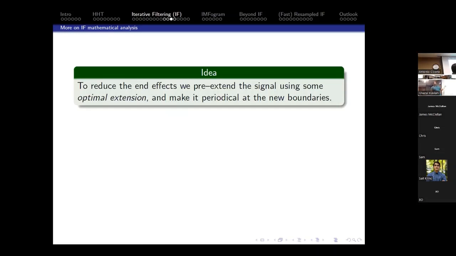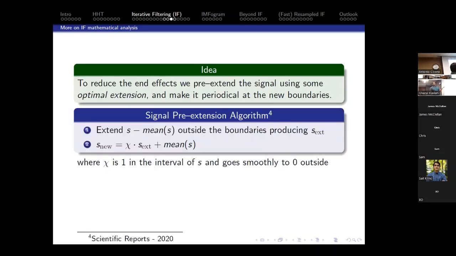And then we also recently proposed a naive approach to better handle the boundary, which is basically pre-extending your signal. If you do not want to lose any data point, you can pre-extend left and right, and then make the new extended signal periodical.